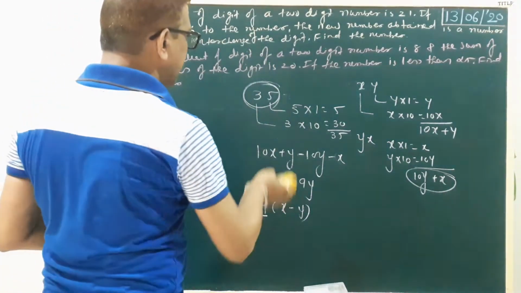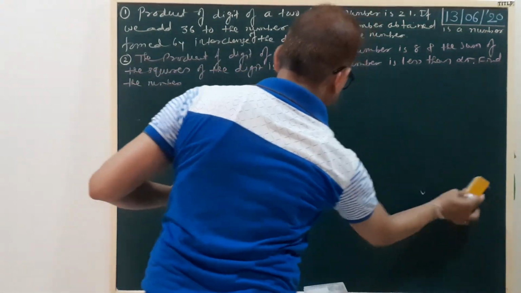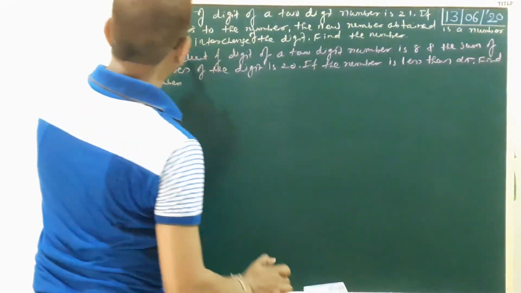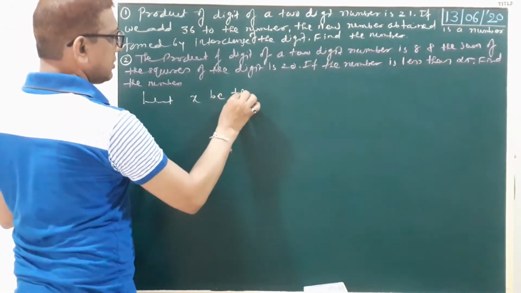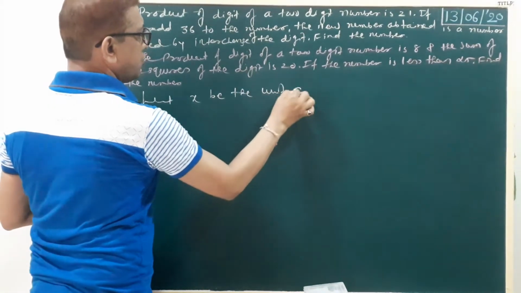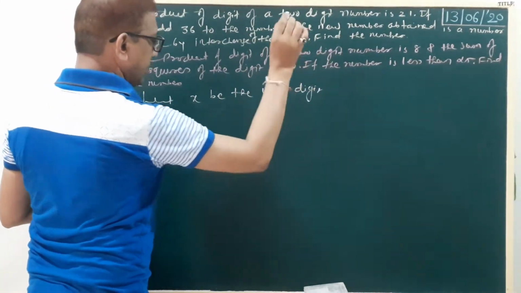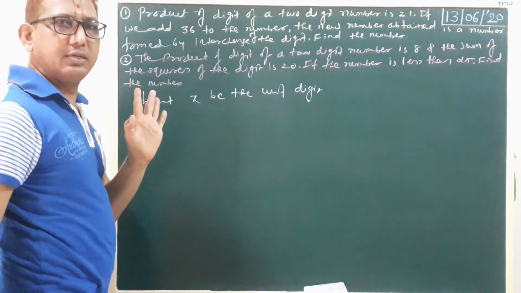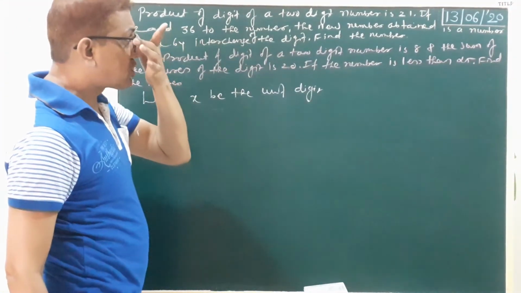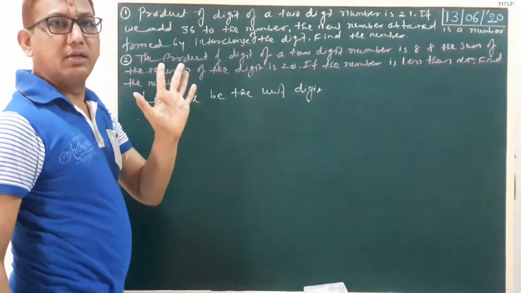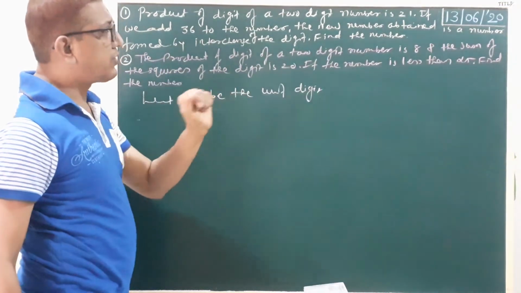Now we start these two sums. So the first one. Let x be the unit digit. Our question is that the product of the digits of a two-digit number is 21.